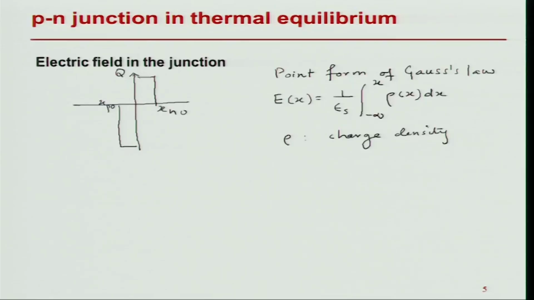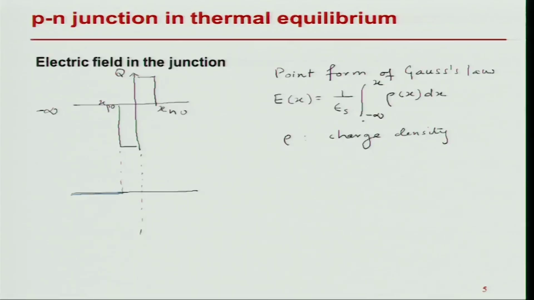Now, if I apply that equation and try to follow what the field would be in this junction area, as I am coming from minus infinity to x, I need to have charge density multiplied by dx. Up to point x_p0, I have absolutely no charge. So, if I were to plot this, the field is 0 up to x_p0.